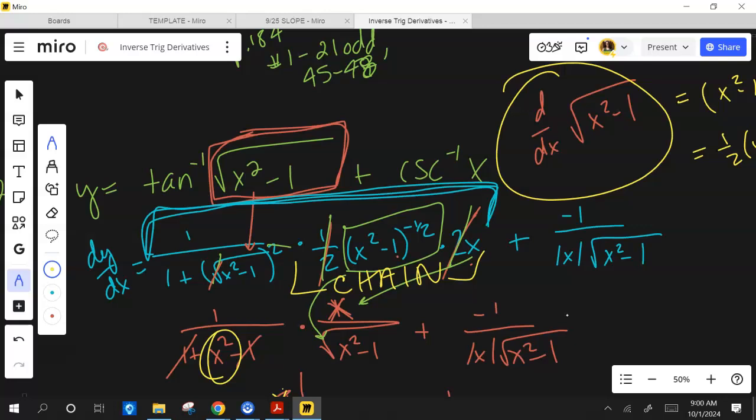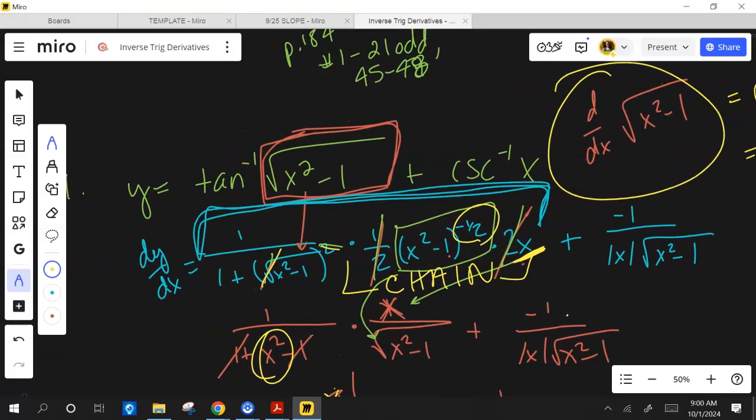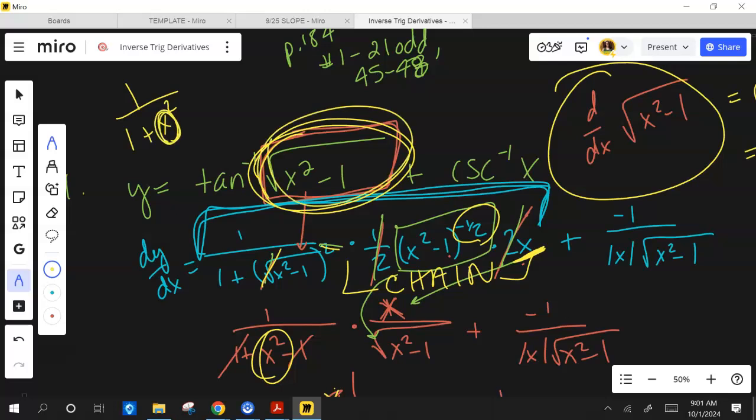Did I ignore the what? This squared? This one? Oh, right here? So this one canceled with this one. But this is just because the whole argument was a square root, and the rule is that it's 1 over 1 plus x squared. So whatever that whole thing is, I square it, and that whole thing is a square root.